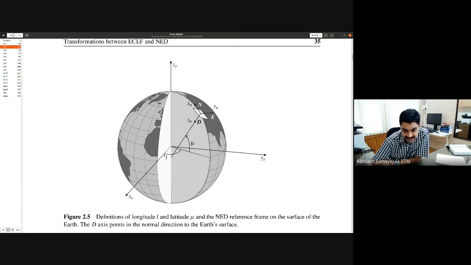The angle L is denoted as the plane where I am taking the NED frame. So where the XZ plane of the NED frame lies, how far away that plane is from the x-axis, that angle along the equatorial direction is called the longitude. Is that making sense?